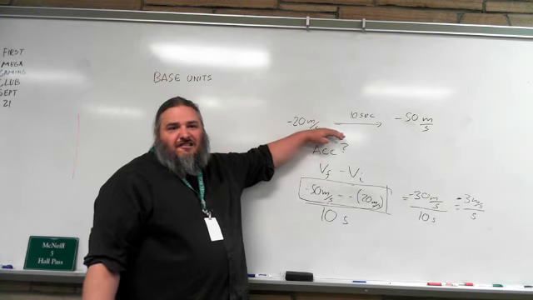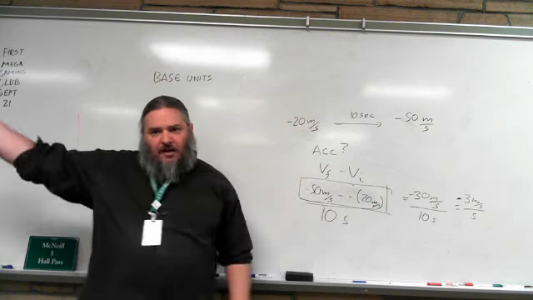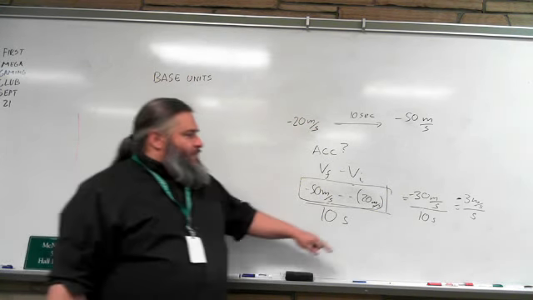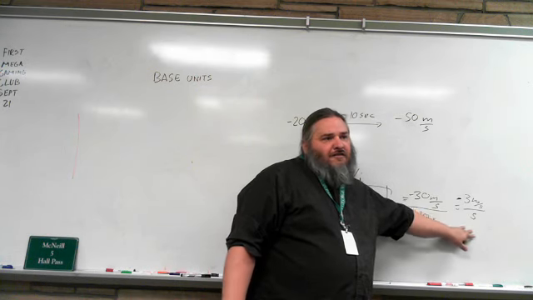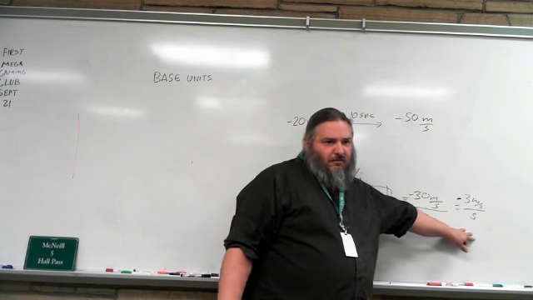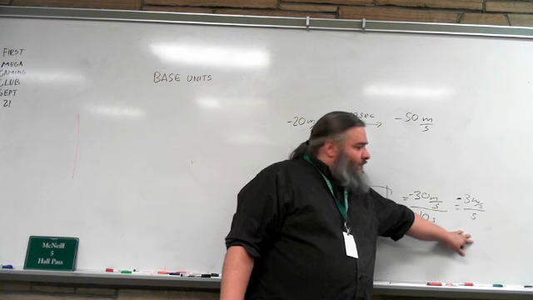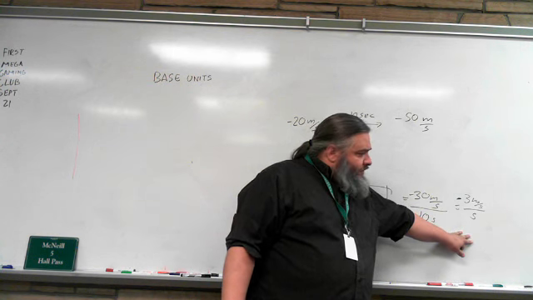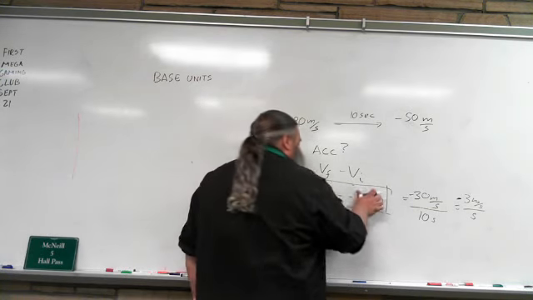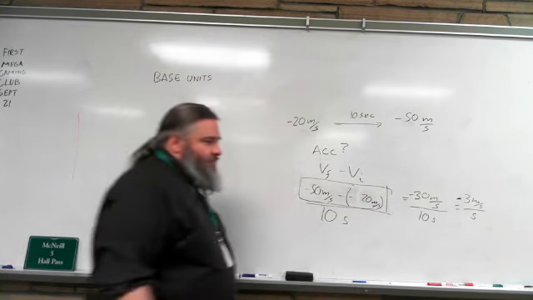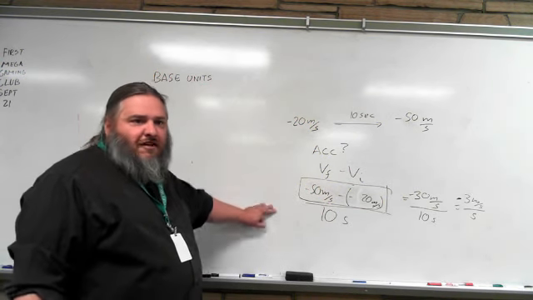This object is speeding up in this direction. It's not slowing down. So even though it's a negative value, the object is going faster and faster. You can express it this way as well.